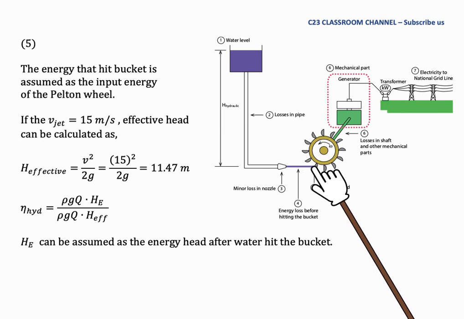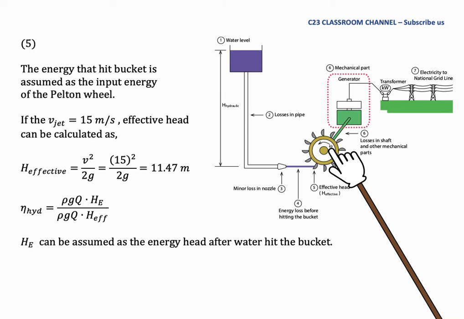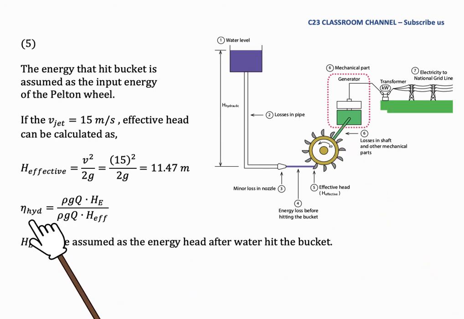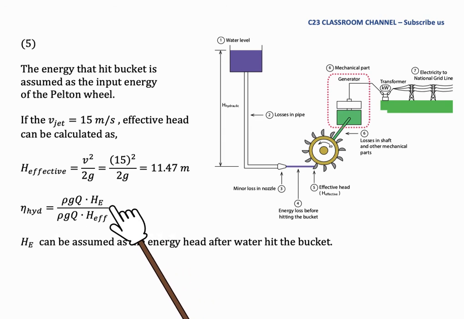Then when the wheel rotates, the output power is the Euler head. That's why the hydraulic efficiency can be written as Euler head over effective head.